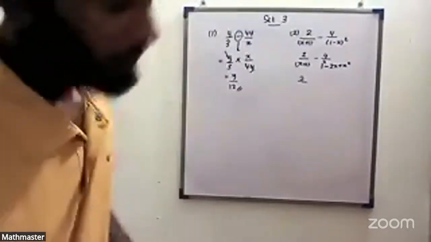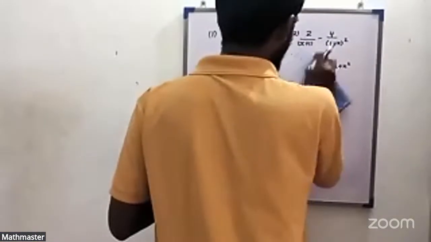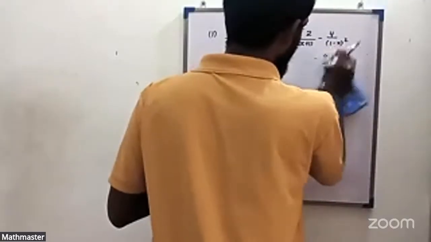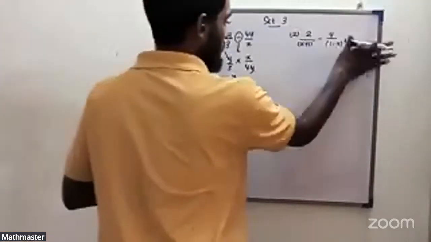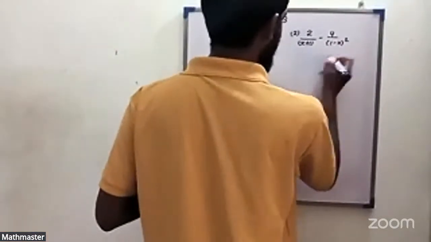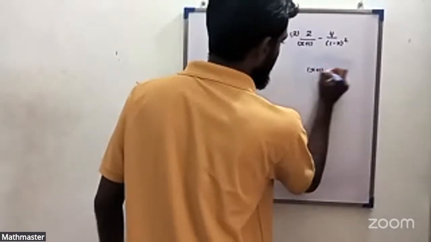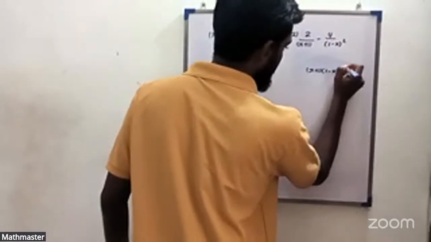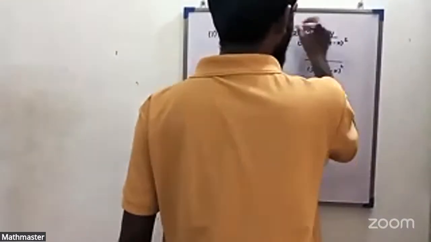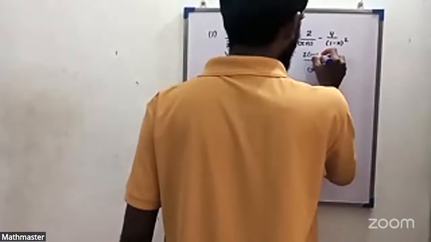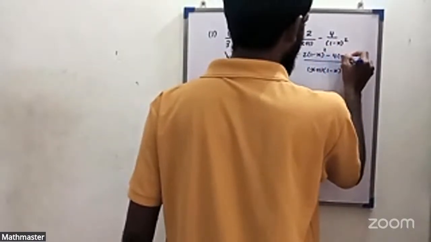Here the LCM is x plus 1 times 1 minus x squared. Then you can multiply this: 2 times 1 minus x squared minus 4 times x plus 1.